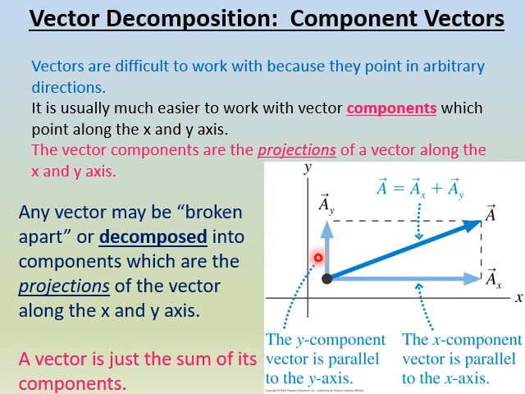Notice that these two component vectors, A sub x and A sub y, if we add them together, you can do that using the tip to tail rule, or you can do the parallelogram rule, whatever you want to do. You'll notice that A sub x plus A sub y gives us the vector A. So really what we're doing here is taking a vector A and breaking it up into its two component vectors, which are added together to give the resultant vector.